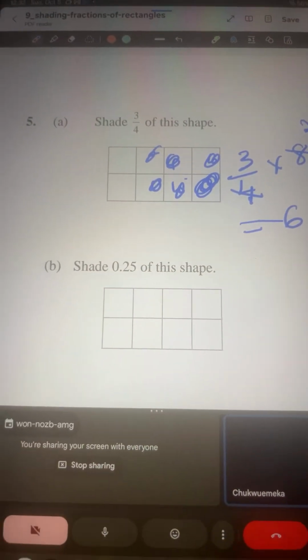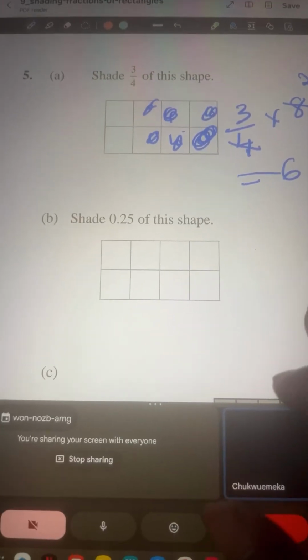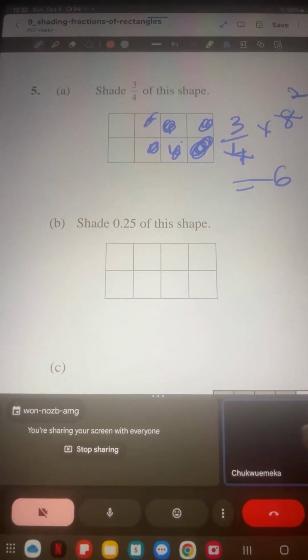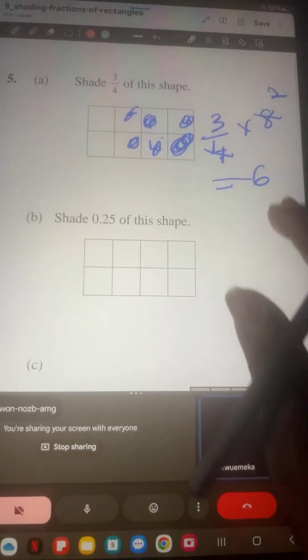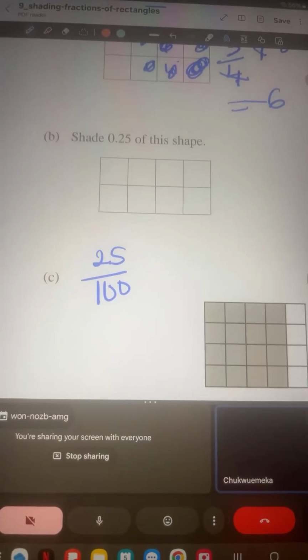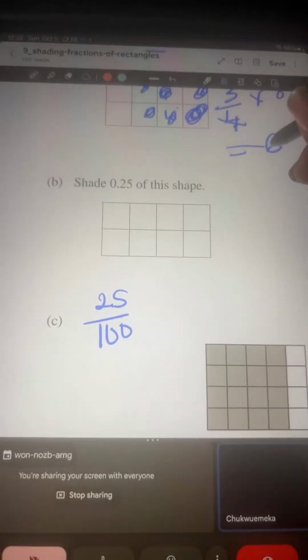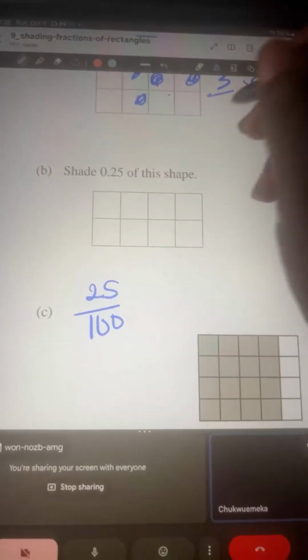Yes. Very good. So the next one says shade 0.25 of this shape. Now 0.25, do you know that 0.25 is 25 over what? 100. Do you know? No. 0.25, look at it here.